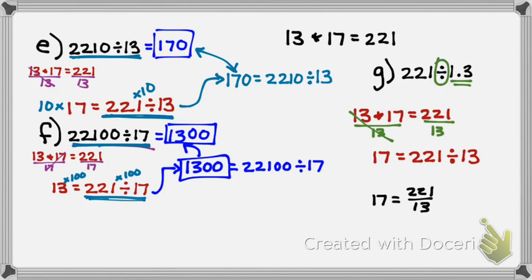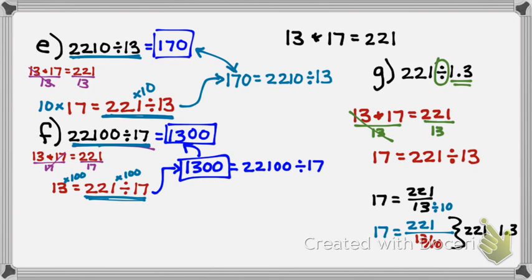I need to take the 13 and divide it by 10. So what we're saying is that I need a fraction in the denominator of my fraction, right? Because that's how I would get a 1.3 down there. This would be 221 divided by 1.3. So that looks right over there, right?